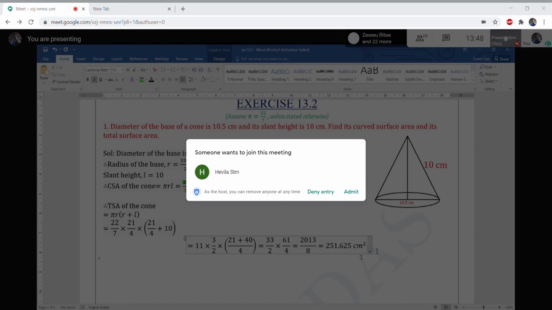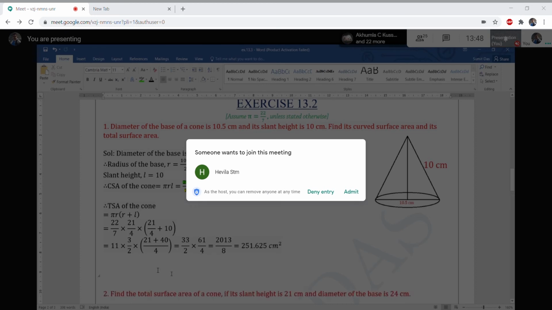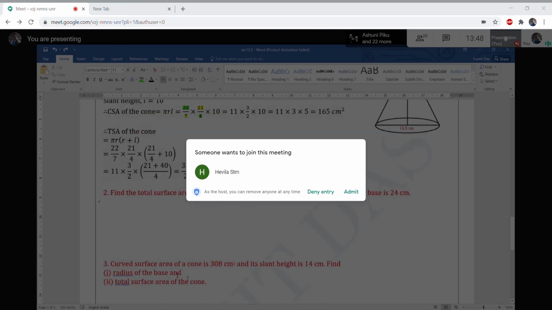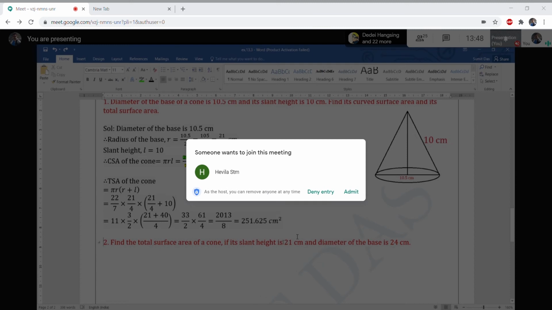Next question is given: find the total surface area of the cone if slant height is 21 and diameter is 24. So this question is the same as question number 1.